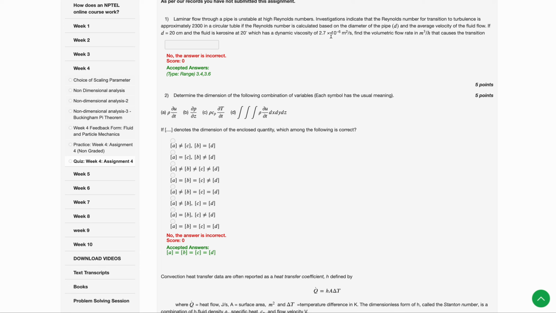So the fluid is given as kerosene at 20 degrees Celsius, and kinematic viscosity nu is equal to 2.7 into 10 raised to minus 6 meter square per second.